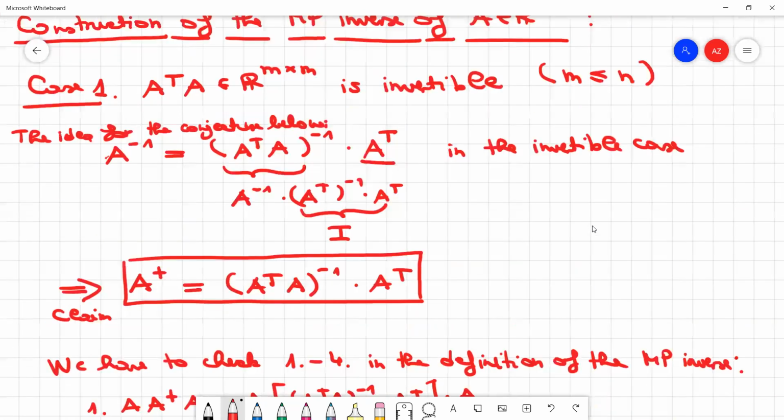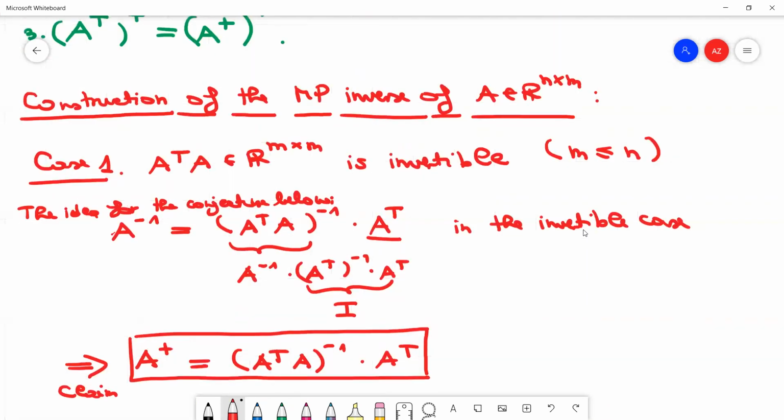And as you've seen already from the construction above, all the constructions also have their transposed versions. So case 2 would be that if we swap A and A transpose, then we get an n by n matrix. And if this n by n matrix is invertible, then we can do something similar as in case 1.